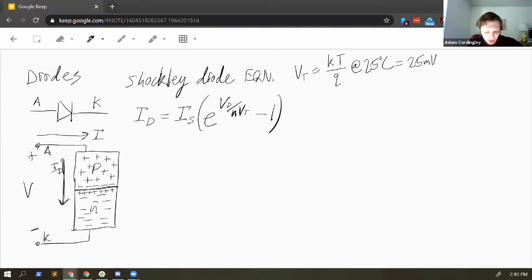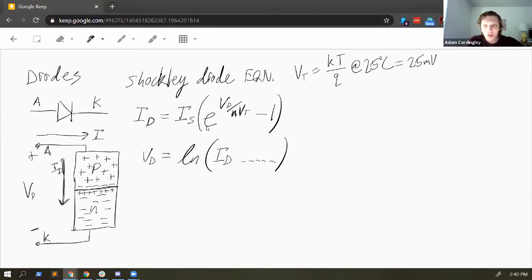What I want to get at here is that V_D is going to be equal to some natural log of the diode current and other terms. So we have this logarithmic relationship between diode current and forward voltage of the diode.